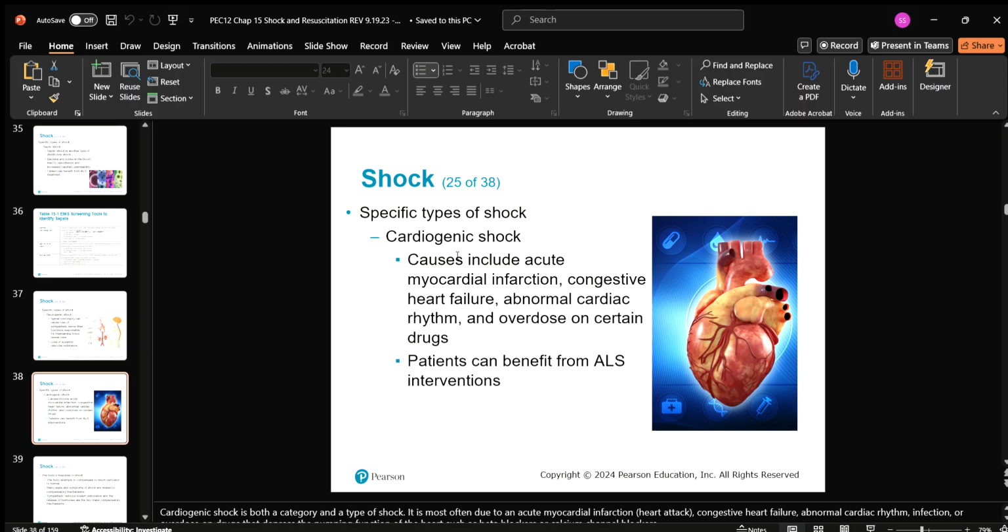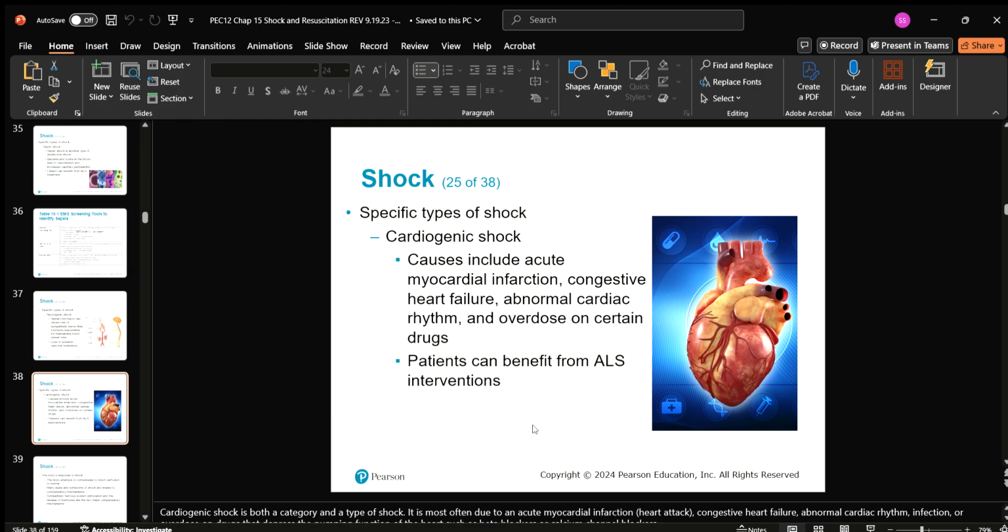All right, cardiogenic shock, we talked about this a little bit before, includes acute myocardial infarctions, which are heart attacks, congestive heart failure, abnormal cardiac rhythms, or possible overdose on certain drugs. Drug overdose, what can we as EMTs do? Is there much we can do for drug overdose?